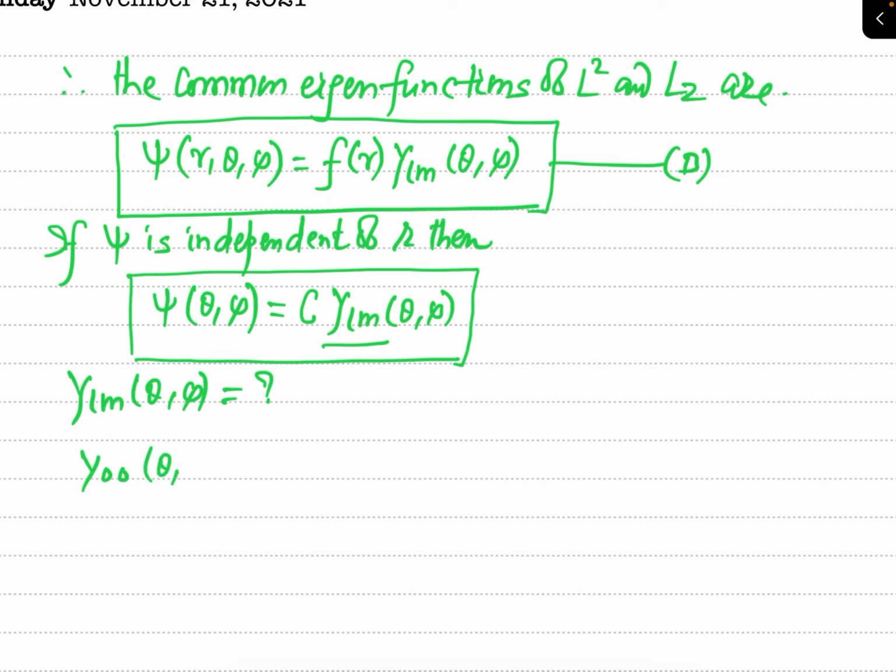Y_00(theta, phi), it means L is 0 and M is 0. You should remember it. This is equal to 1 over root 4 pi.